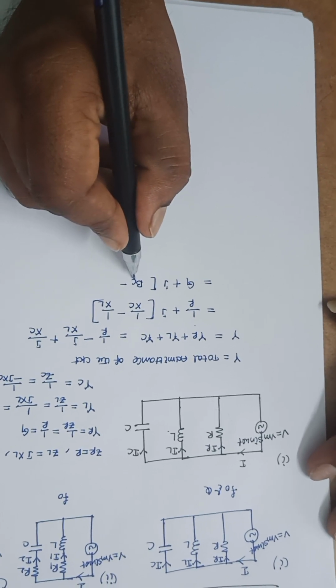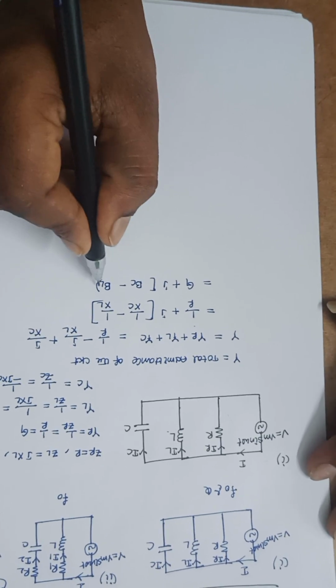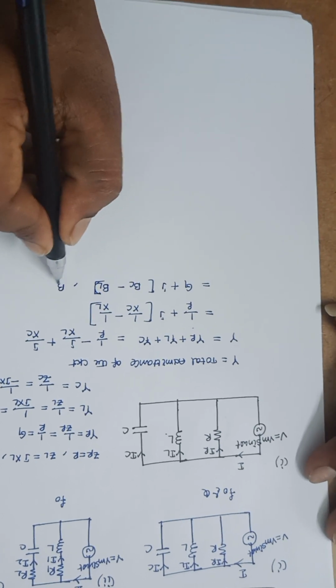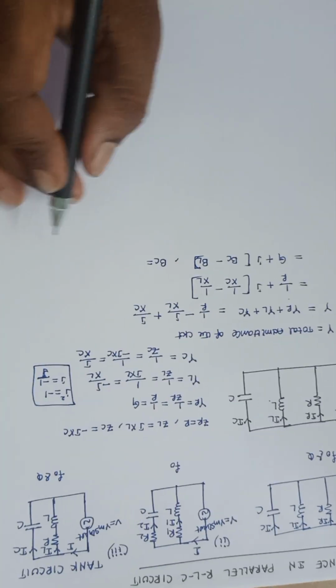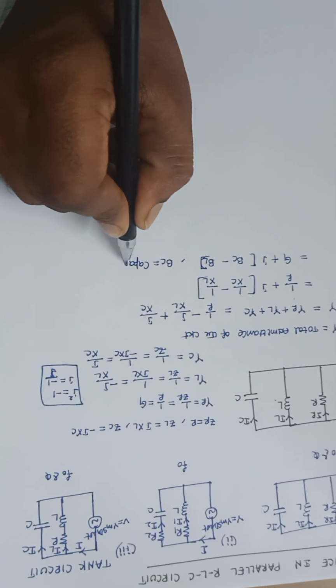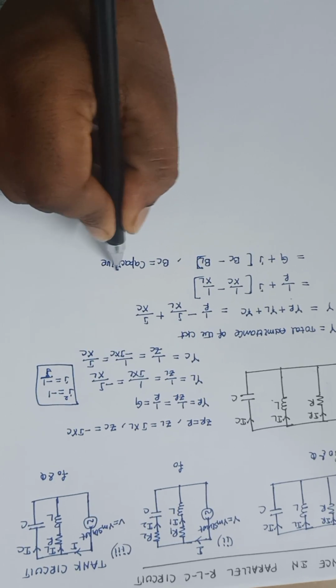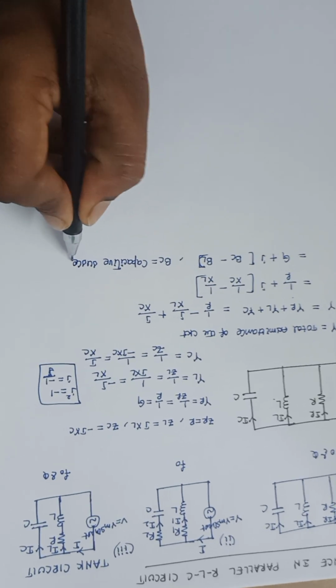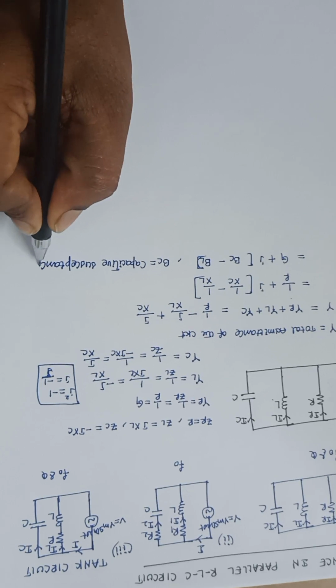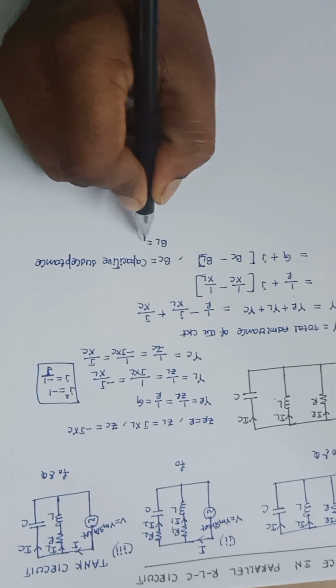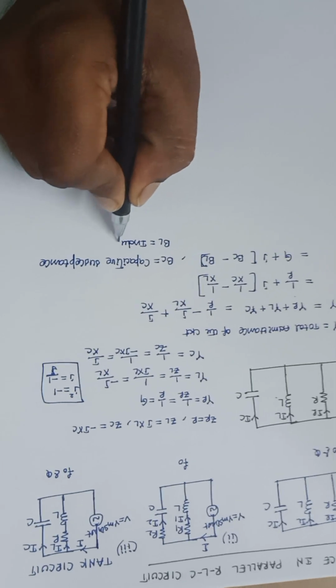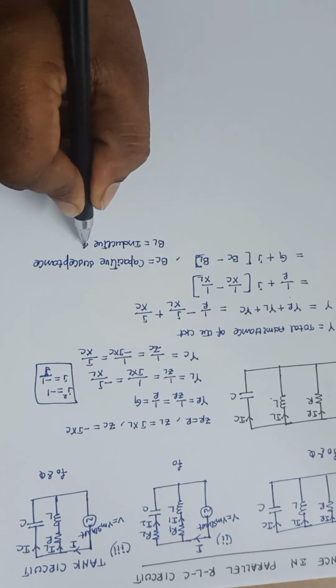the capacitive susceptance BC, and BL is the inductive susceptance.